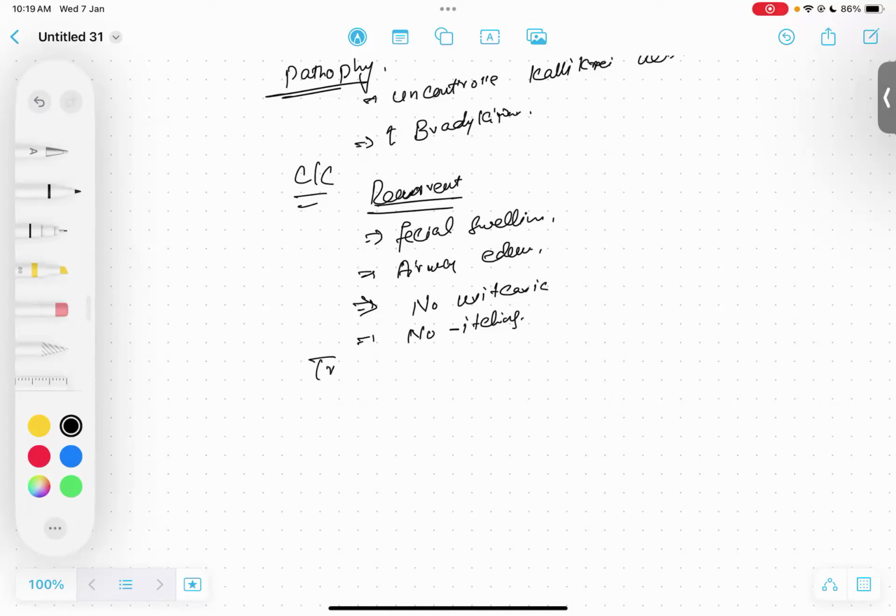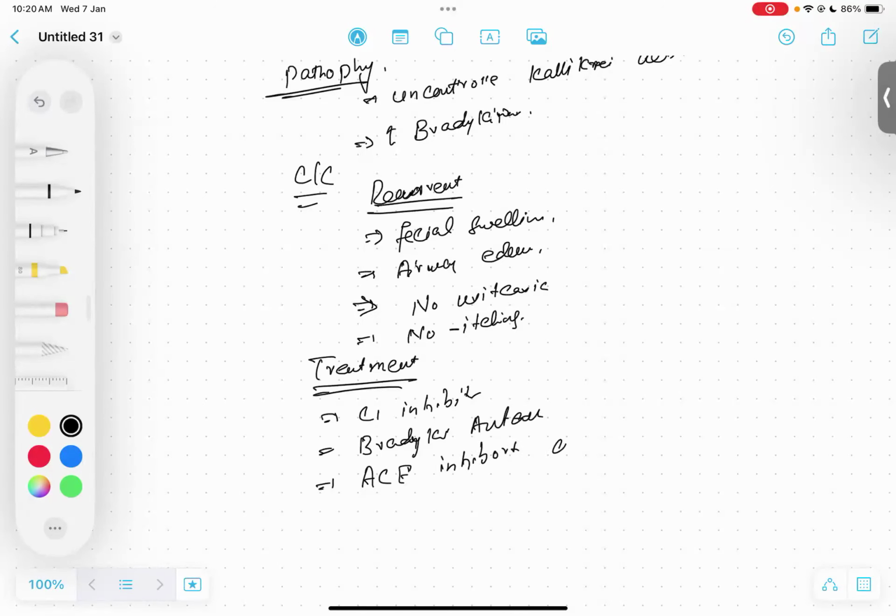So the treatment is C1 inhibitor and bradykinin antagonist, and ACE inhibitors are contraindicated in these individuals, because ACE inhibitors will increase the risk of production of these bradykinins.